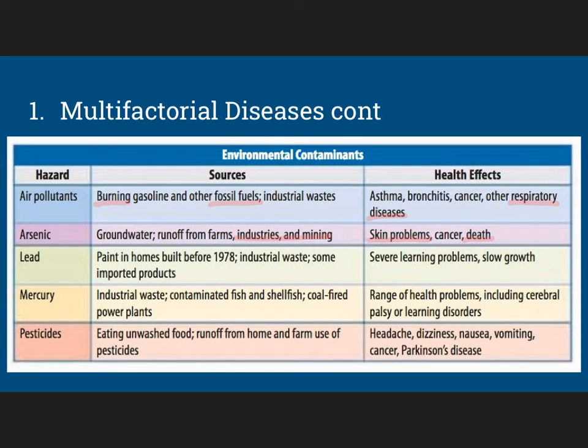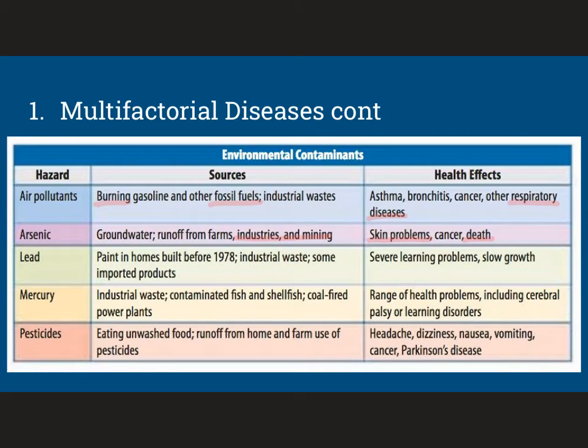Lead poisoning is not going to be as common nowadays, but if you are living in homes that were built before 1978 and you have not repainted the house, you have a higher risk of lead poisoning because paint before 1978 included lead as one of its ingredients.